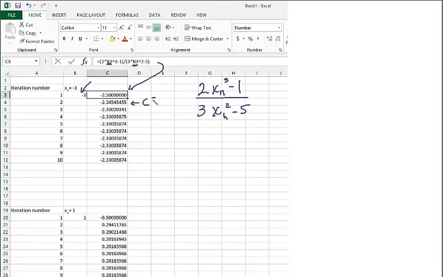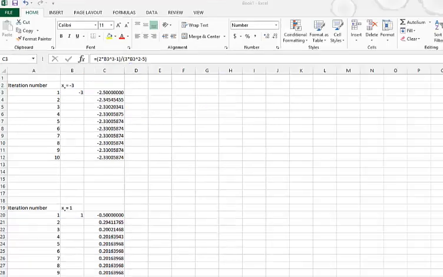So this one I had look at C3, that way it used the negative 2.5 in its calculation. This one looked at C4, this one looked at C5, and so on. Alright, so let's look at our Excel and see how we're going to do this.